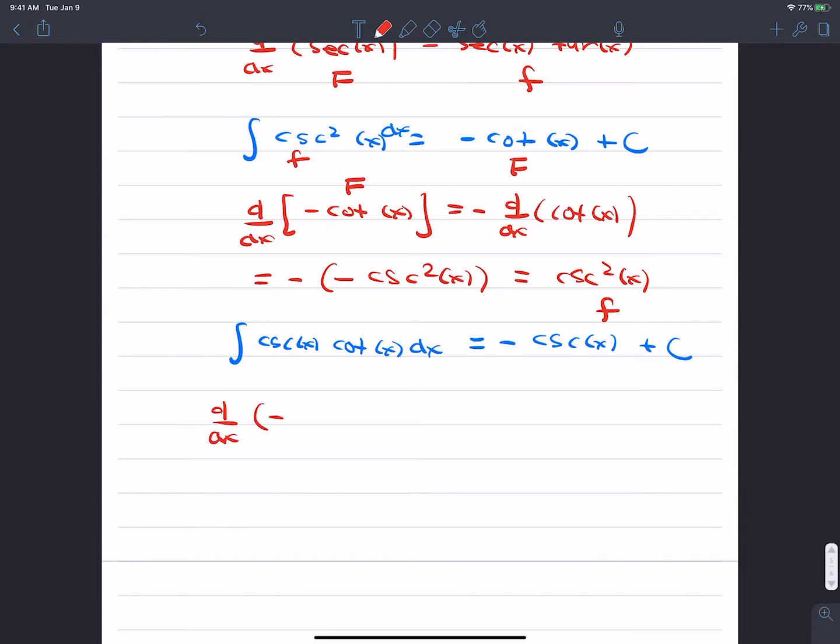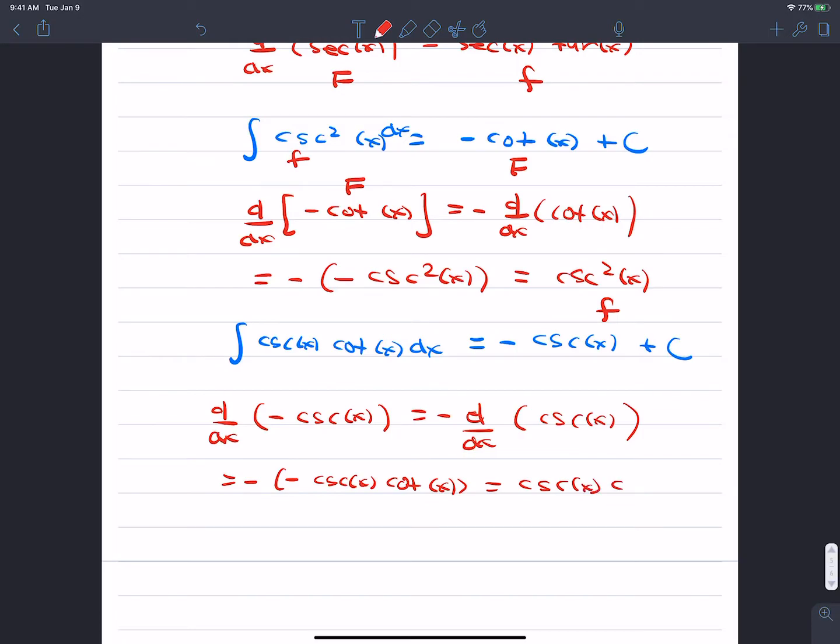If we differentiated minus cosecant, pull out the negative sign, pull out the constant, derivative of cosecant, if you remember, negative what? That negative, first negative sign is there. Negative cosecant what? Cotangent, which is negative times a negative, which is cosecant cotangent. Okay, so here's my antiderivative. Here's my function. They switch positions. So these are the 6 trig integrals that you guys have to know like you know your name.